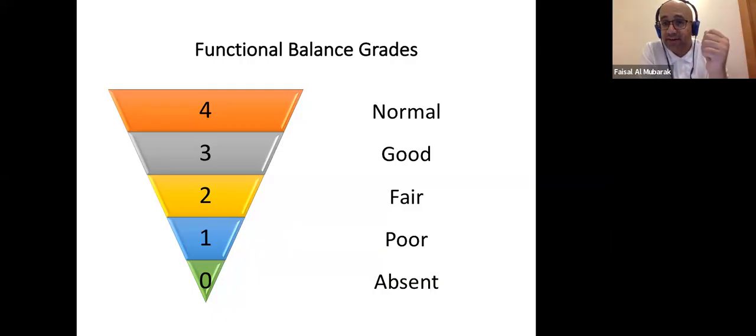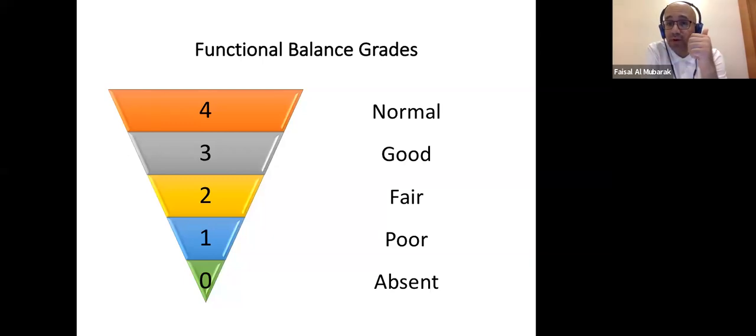2 and 1 are when the patient is using an assistive device. Fair, or 2, is when the patient uses the assistive device but doesn't need anything else, not support from the wall or the rail, and not support from another person. They're just fine using the cane, and they might be walking next to the wall just in case.